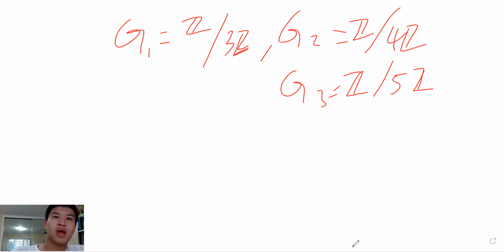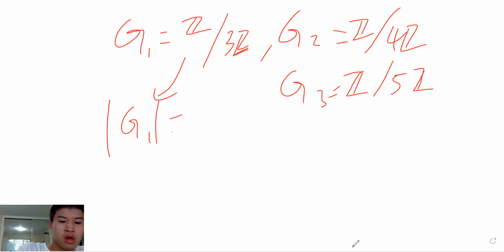Then we can see that the order of G1 is 3. The only elements are 0, 1, 2.